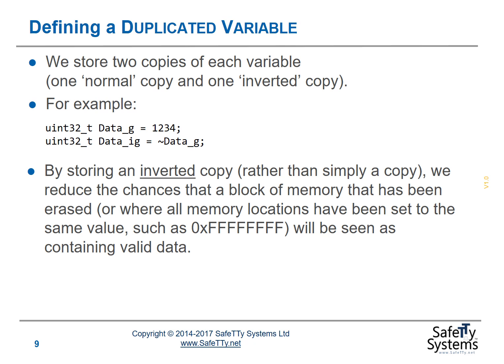What we will do in a duplicated variable is we'll store 1 normal copy and 1 bitwise inverted copy of each variable.